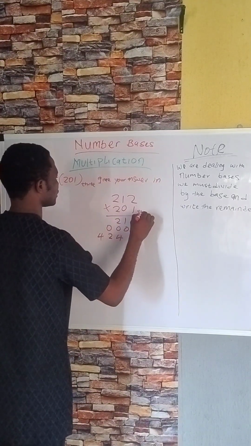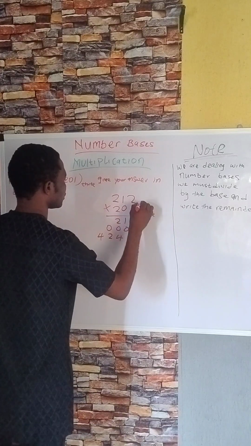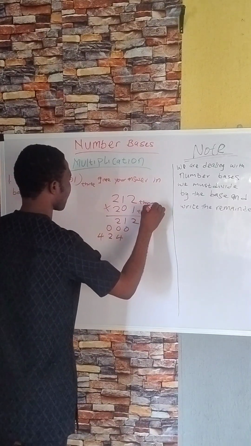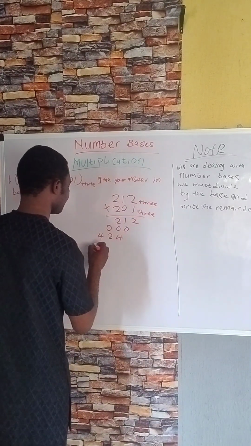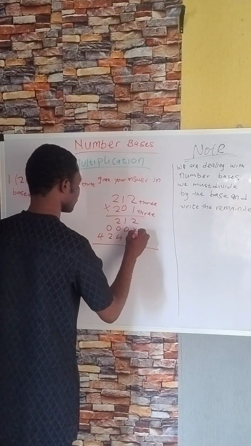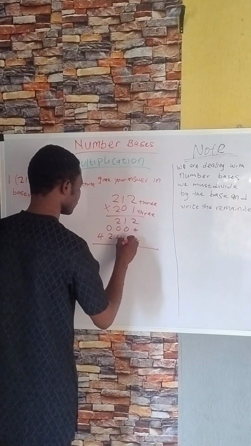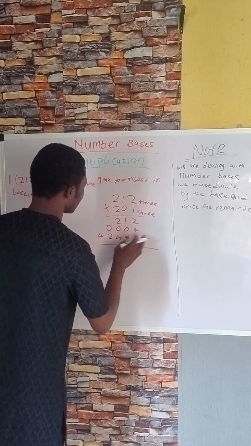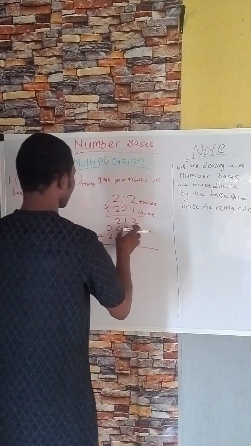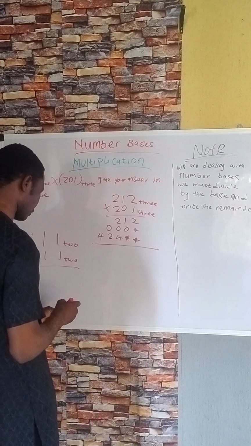Remember to write that this is base 3 and this is base 3. I'm putting this in the place of the spaces so there will be no confusion.